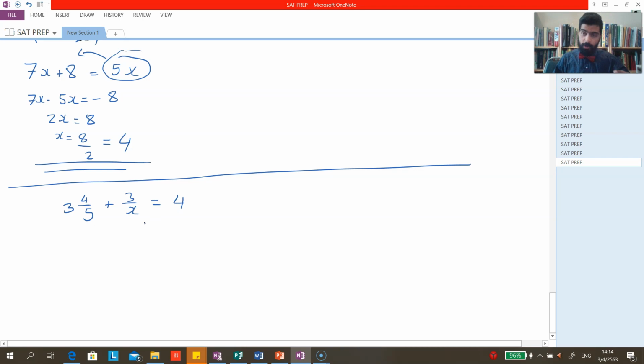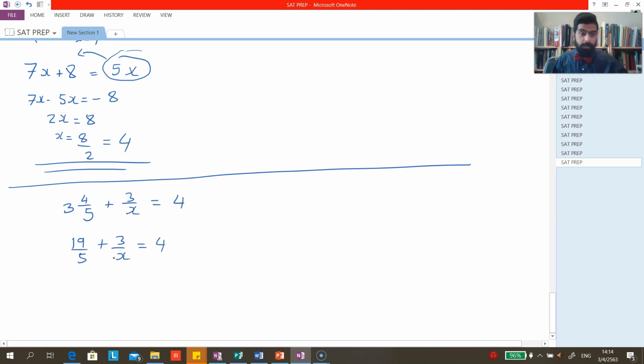Now, if you want, you can pause this video, try and solve it, and come back and take a look. So how we'll be doing this is, we take a look at this and we see that this is a mixed fraction. So first let us change the mixed fraction to an improper fraction. So 3 and 4 over 5, we can write as 19 over 5, plus 3 over x is equal to 4.